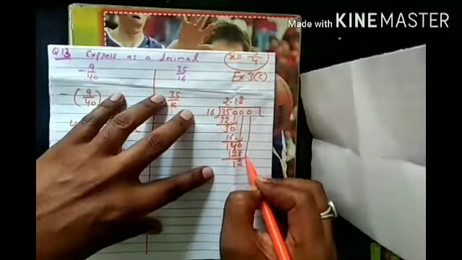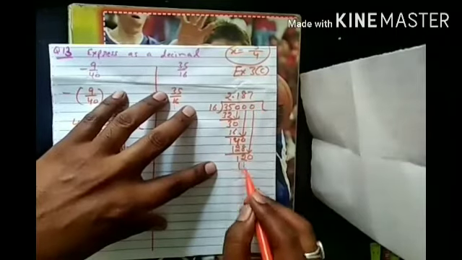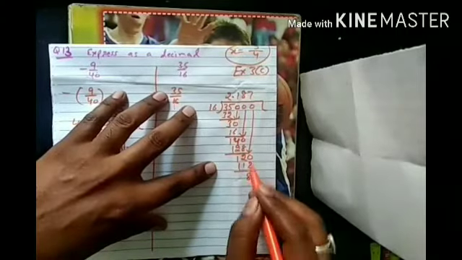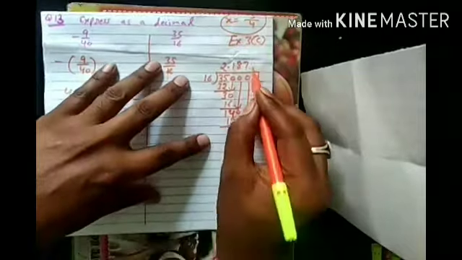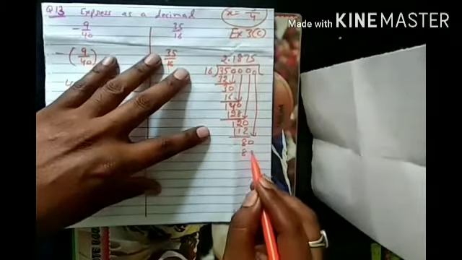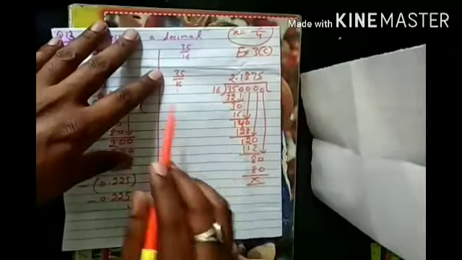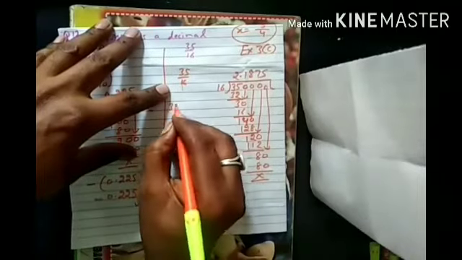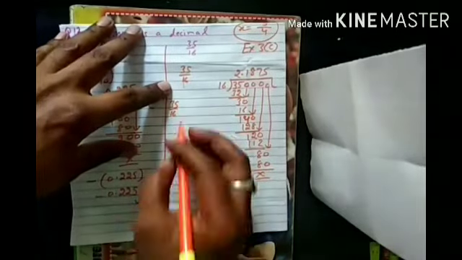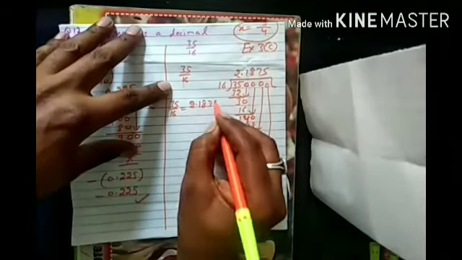So by placing 0, 16 sevens are 112, and here is 8 and again 0, and 16 fives are 80. So on the division the value of 35 by 16 is 2.1875.